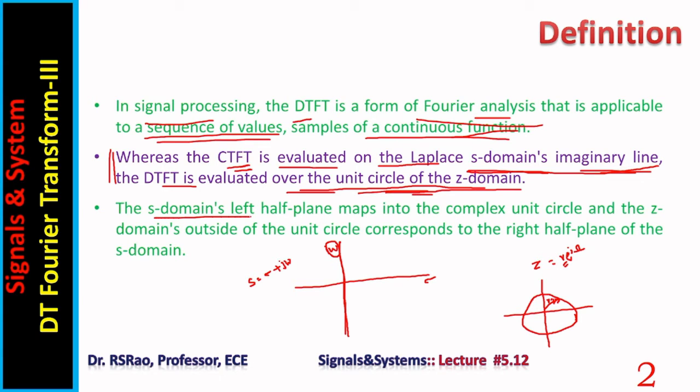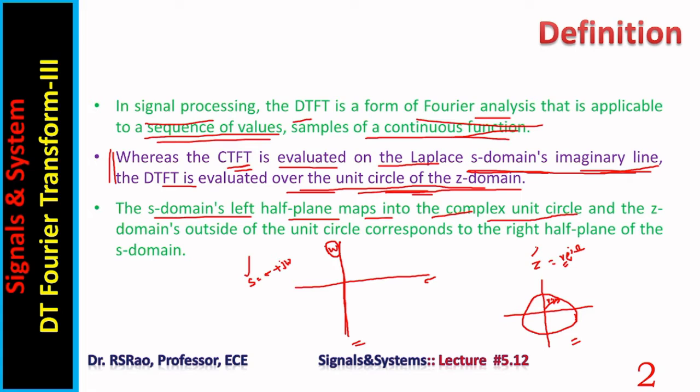The S domain's left half plane maps into the complex unit circle. There is a relation between the S plane and the Z plane. S and Z both are complex quantities. Both denote complex frequency. Both are transform variables.